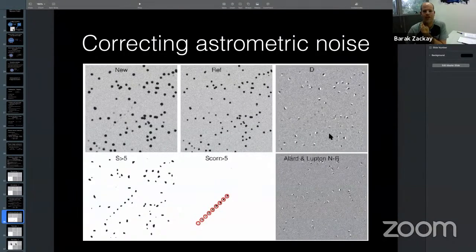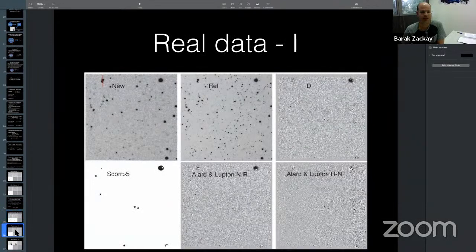So you basically know in which pixels there could have been astrometric residuals, like this yin and yang. And lo and behold, you immediately get all your transients, and that's it, basically.